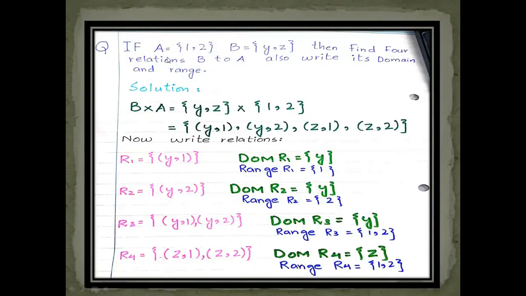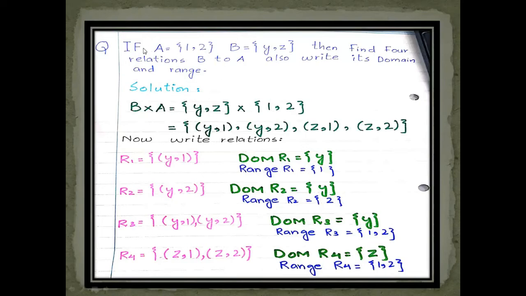Now this is the question which covers all the topics like Cartesian product, binary relation, and domain and range. First come towards Cartesian product, in which you are multiplying two sets by taking the first element from the first set and the second element from the second set.